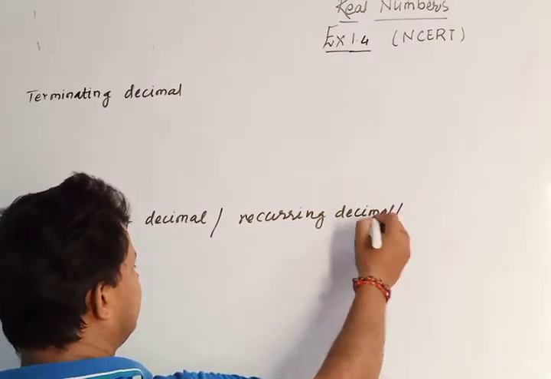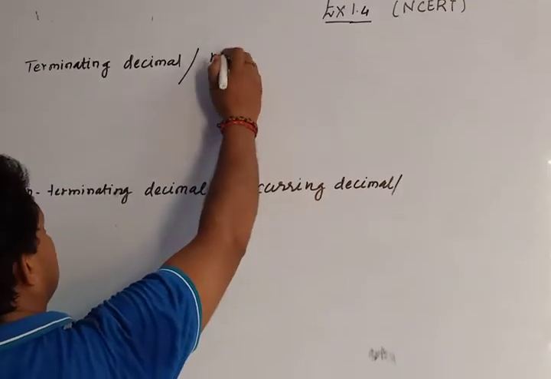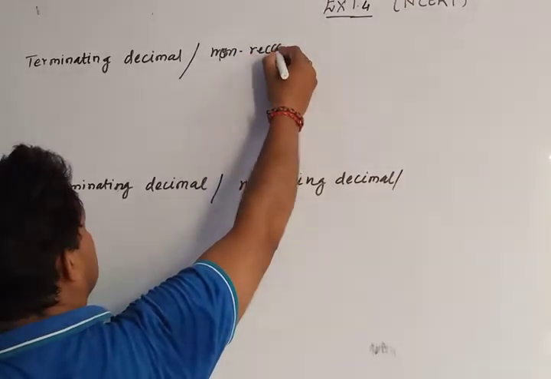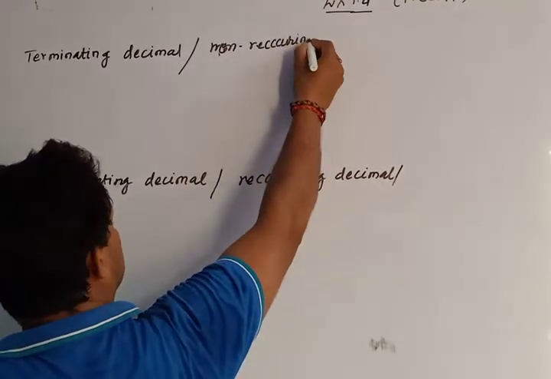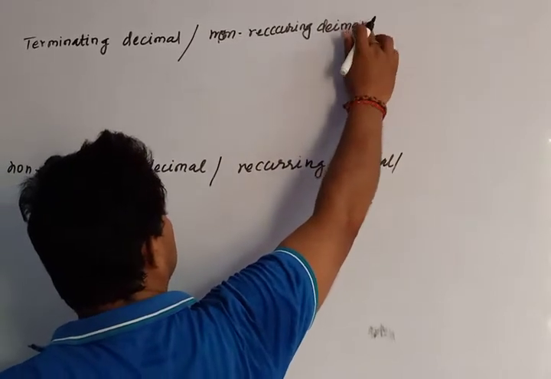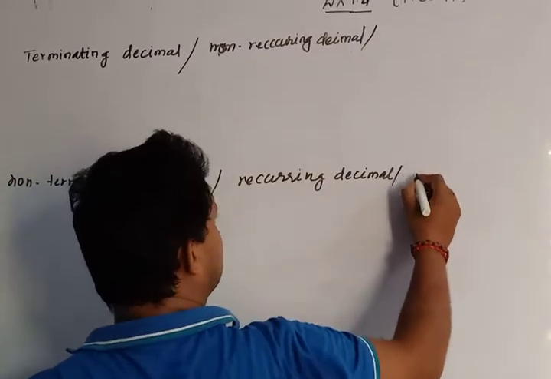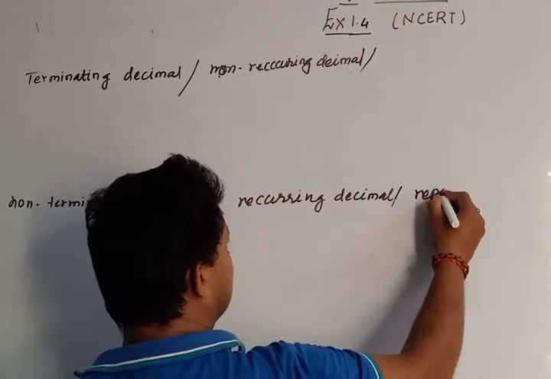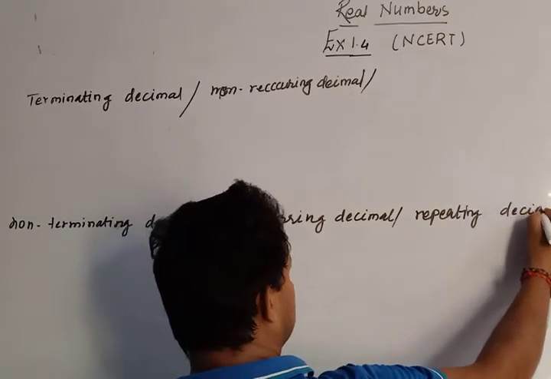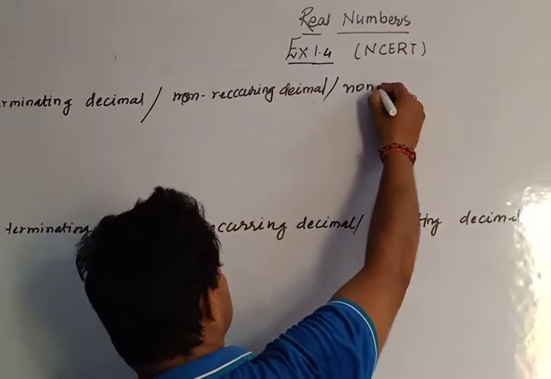Also, it can be said non-recurring decimal. It can be said repeating decimal. It can be said non-repeating.